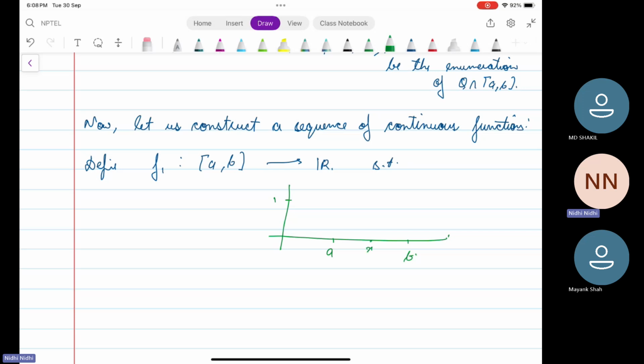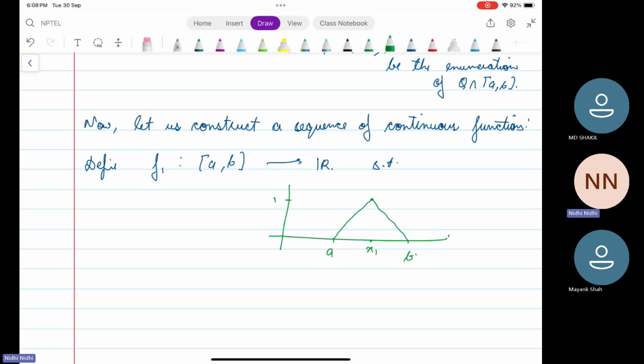Suppose x1 is somewhere in between a and b. I construct f1 such that at x1 it is equal to 1 and then it is a triangle. So basically it is a piecewise function.